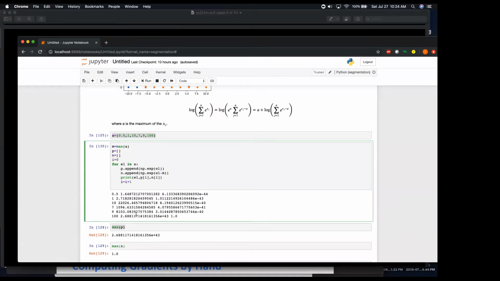The second column is without the trick, and the last column is with the trick. For the last one, when it's 100, you already get 2.6 e power 43. Whereas here you get e power minus 44, but remember that this is in the denominator, so 1 divided by a large number is basically going to be close to 0.